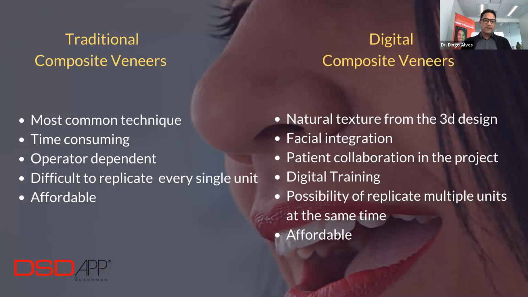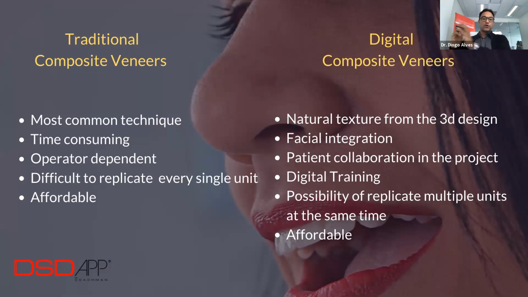I love doing the traditional composite veneers, but what I want to show you guys is another way of doing them. When we come to the digital composite veneers, we have the natural texture from the 3D design. What does that mean? You will see here in the app that once you select one of those natural 3D shapes, you also already have all these anatomies from the buccal area.